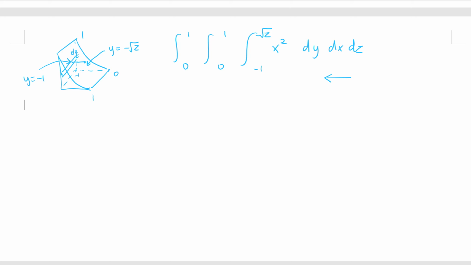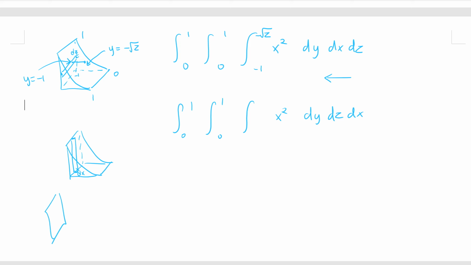Okay, let's continue. Here we have x squared dy dz dx, and we can see from the picture where dx is. So this is dx. And then dz. So we want to draw a rectangle on the xz plane parallel to the z-axis. So x is from 0 to 1, z is also from 0 to 1 because this is a rectangle.